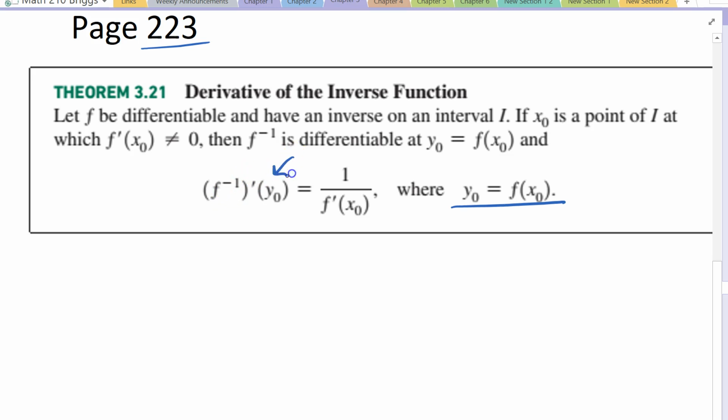Here we're looking for the derivative. You plug a y0 value into the inverse, and you want to find that derivative. It turns out it's 1 over the derivative of the original function at the value you plugged in to get y0.